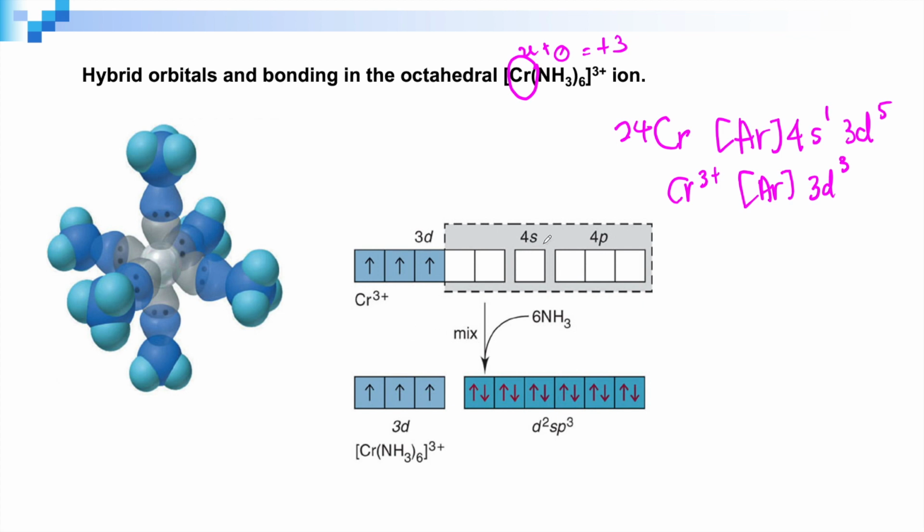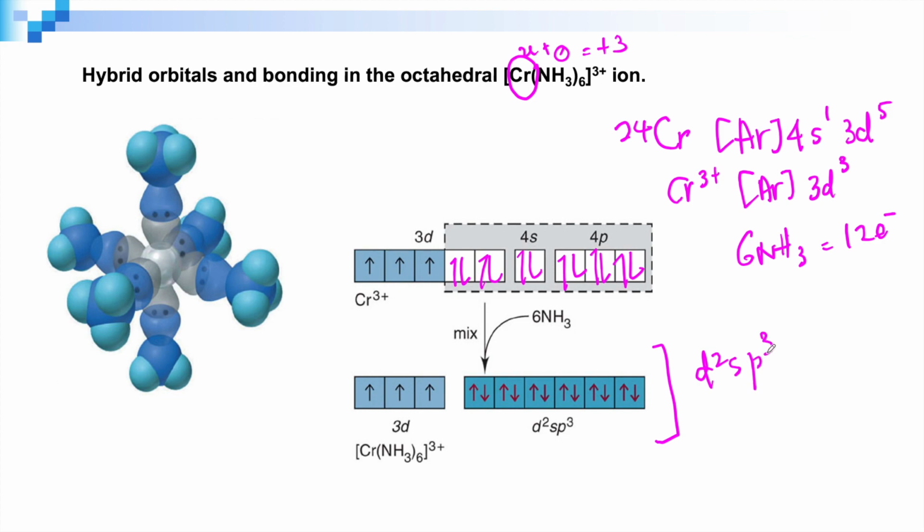And then here we have 6 ammonia. 6 ammonia will give you 12 electrons. So because here we have 3 unpaired electrons with 2 empty d orbitals, you can start to add on these 12 electrons, starting from the 3d. So this is 1 ammonia, 2, 3, 4, 5 and also 6. This is what you get.